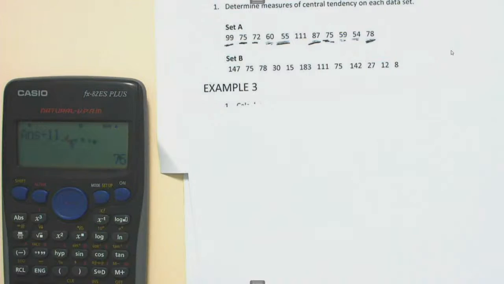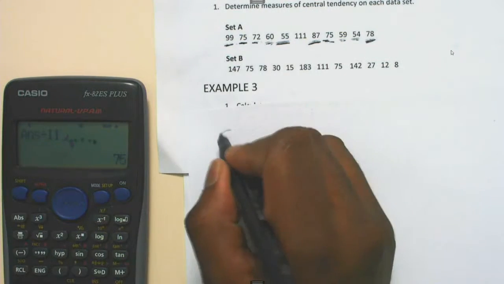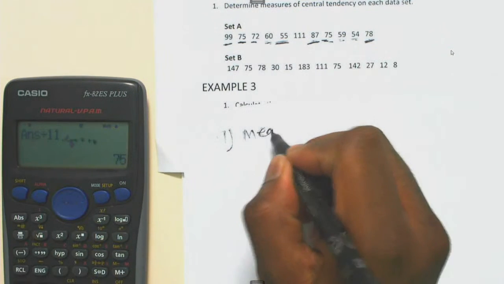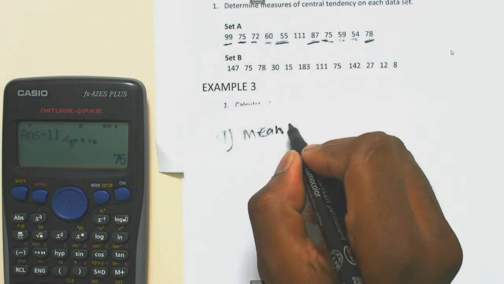So the first thing that we do, we calculate our mean, which is A. Remember, mean is the sum of all values divided by the number of values that are in our data set.